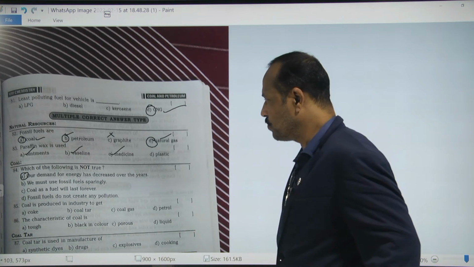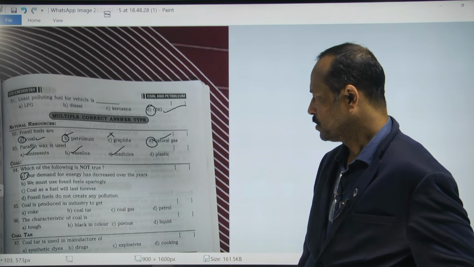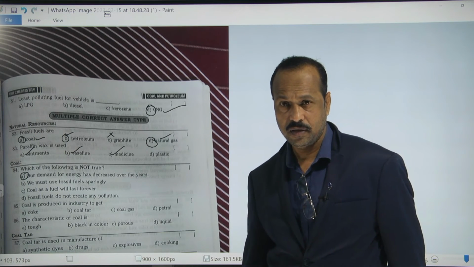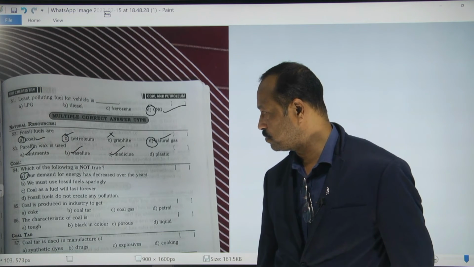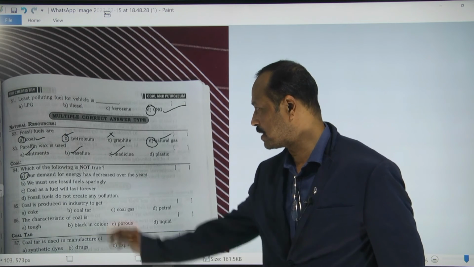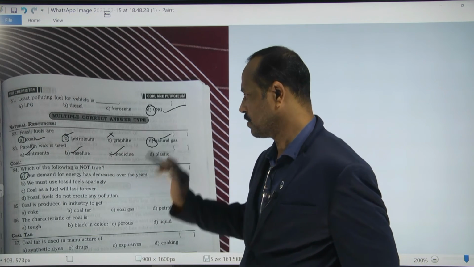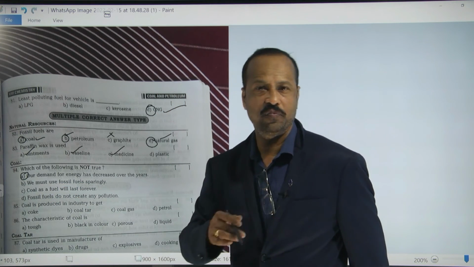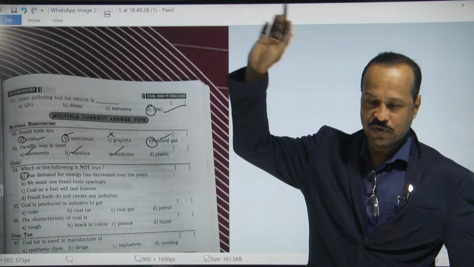We must use fossil fuels sparingly. Sparingly means less, so you must use fossil fuels less. This statement is correct, but they are asking for not true, so this is not our answer. Coal as a fuel will last forever. If you use coal continuously, will it last forever?